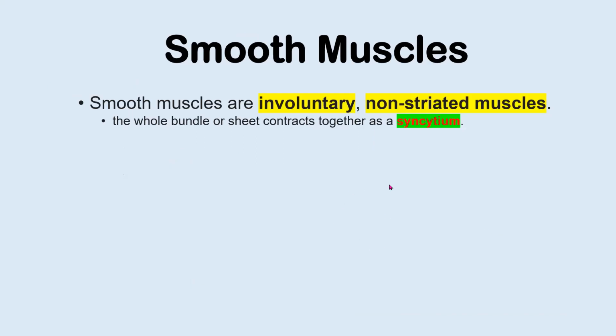Now, smooth muscles. Remember it's all about striated muscles, but these are involuntary. We have no control whatsoever of the smooth muscles, and they're non-striated. They don't look anything like that. The whole bundle or the sheets of these smooth muscles act together, and this action, which happens together, is called a syncytium.